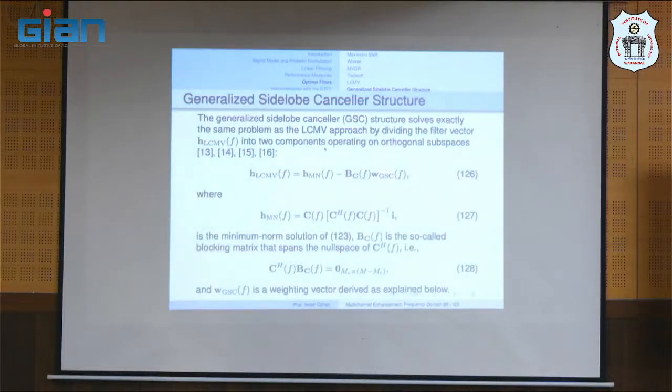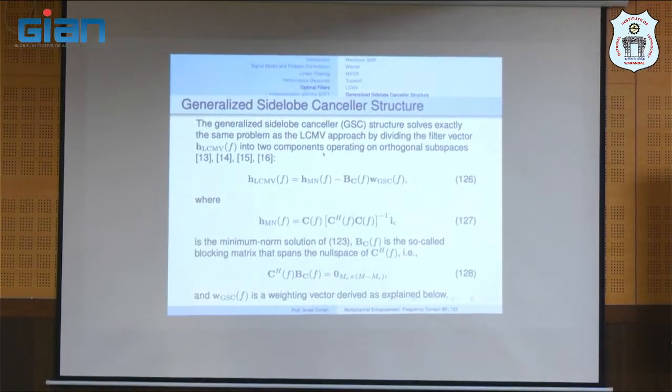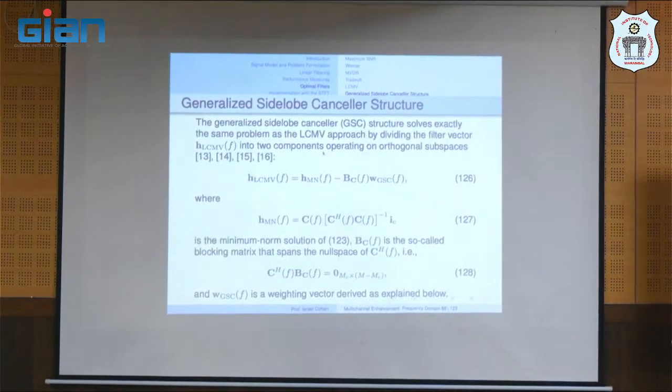The objective is to find a filter here without needing to add the constraints. So we separate this structure into two things. The top one is just to find a solution that satisfies the constraint. And at the bottom, we find the filter that satisfies the minimization of the power or the variance at the output. This is the idea.